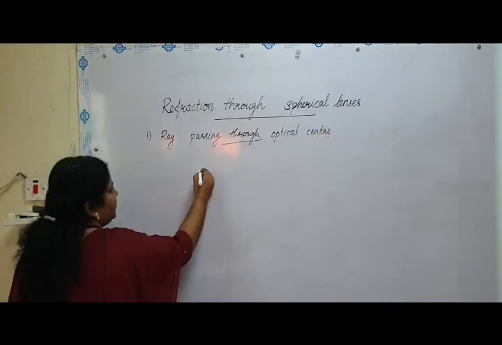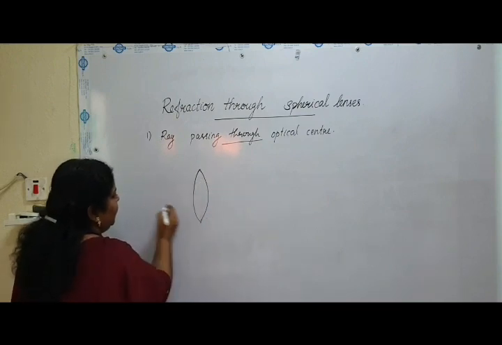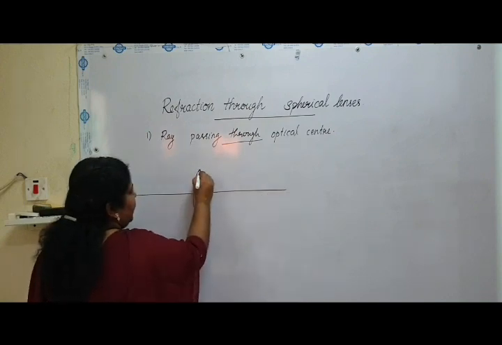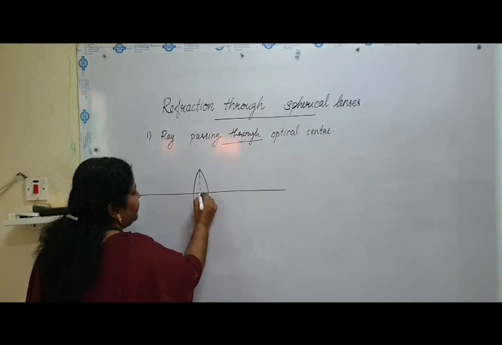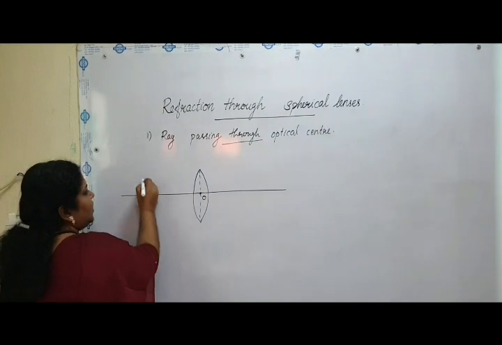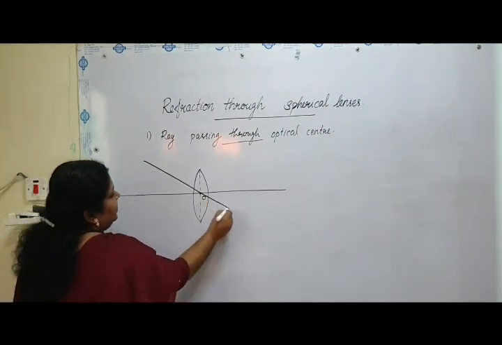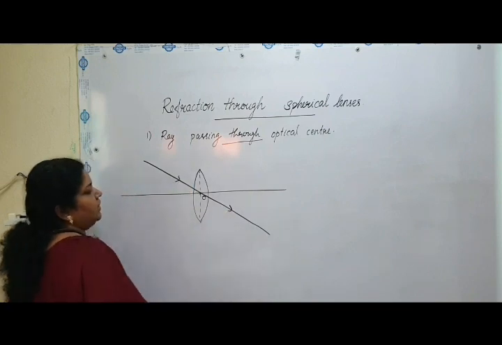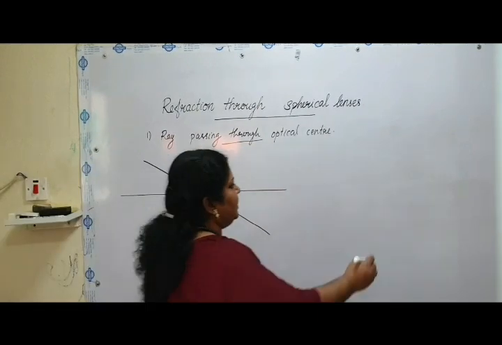Here we are going to see a convex lens. This is the principal axis. Here I told you to draw through the middle point. This point is known as the optical center. So a ray which is falling directly to the optical center will pass undeviated. So that is the third type of ray which is needed.